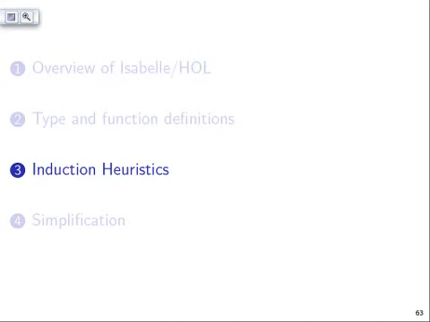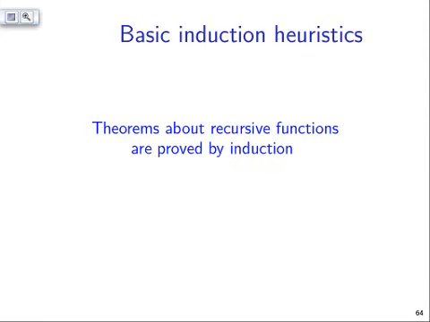Okay, so now we've seen more about the definition facilities for data types and functions. Now we want to dig more into induction, and there are some important heuristics that you should know about. And that's the contents of the next section. So the basic induction heuristic, I don't know whether I've mentioned it, I think I may have.